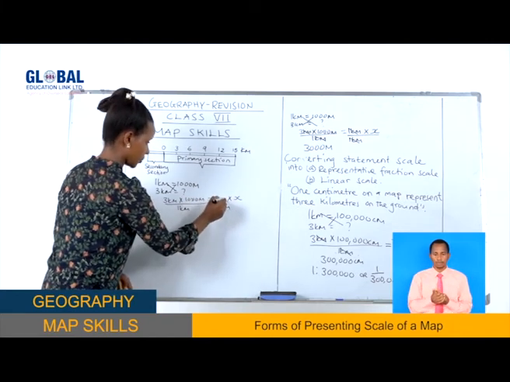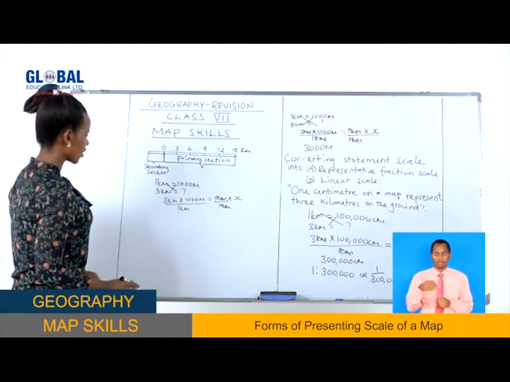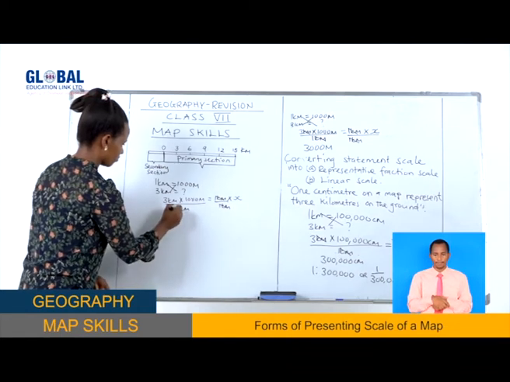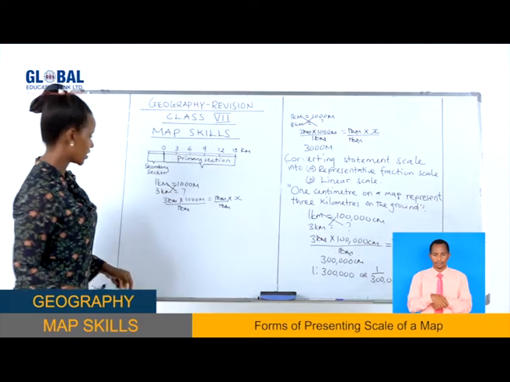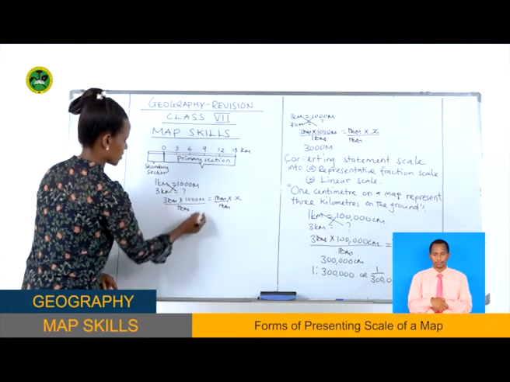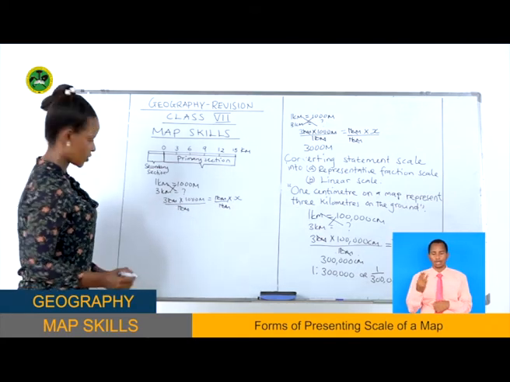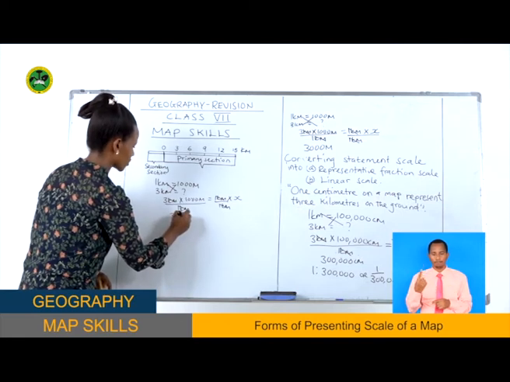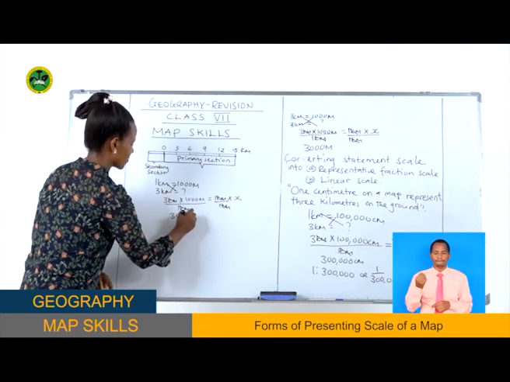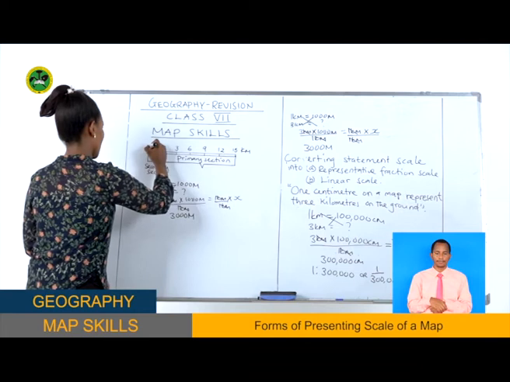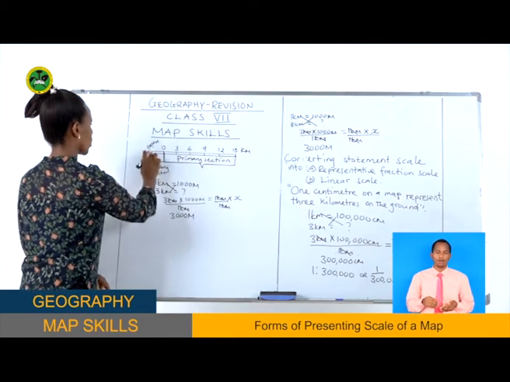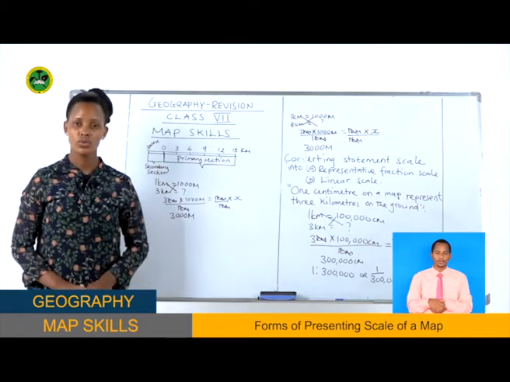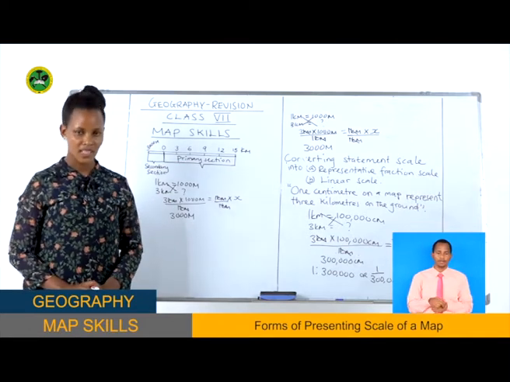Then kilometer and kilometer has gone. Then 3 times 1,000 meters, you get 3,000 meters. We put it in the side of secondary section, meaning 1 centimeter is equal to 3,000 meters.